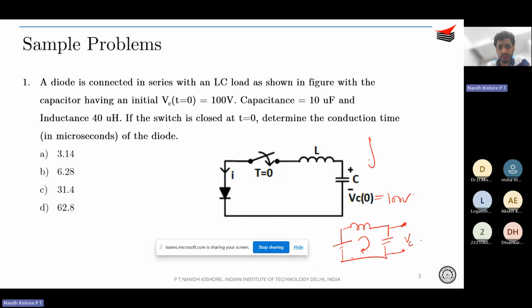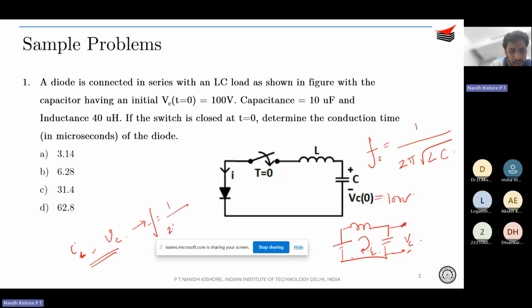And what will be the frequency of that oscillation? Frequency will be equal to 1 by 2 pi root LC. This will be the frequency of your capacitor voltage and your inductor current. We call inductor current IL and capacitor voltage VC the state variables in the circuit. So the frequency of both of these quantities is going to be 1 by 2 pi root LC.